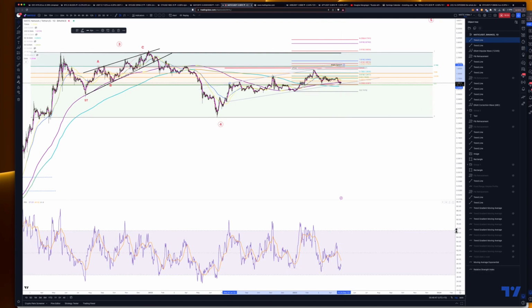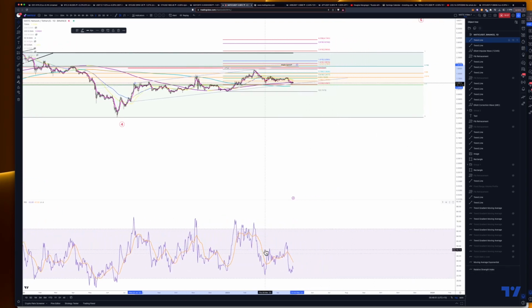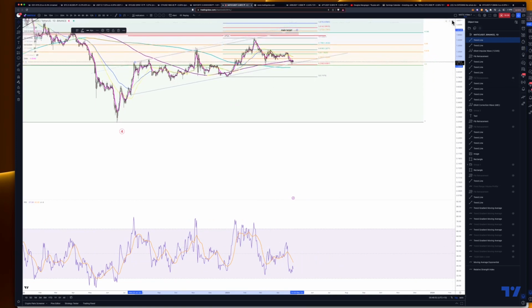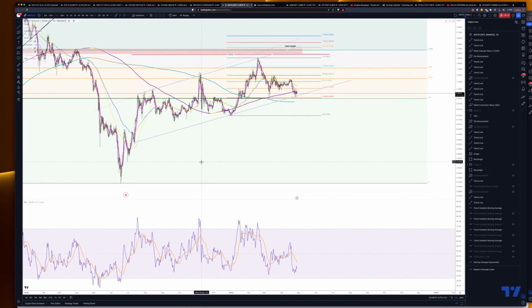That's just bounce support. But you can see, let's see, here we go. Okay, we found support there. But if we lose this, we're going to come back down here.